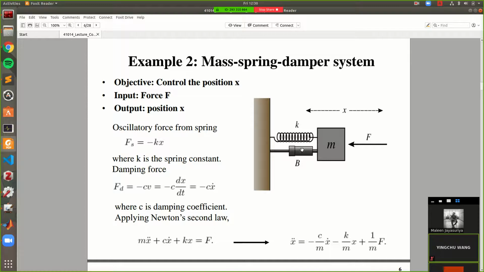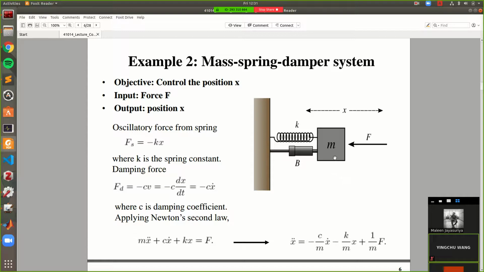You can think of the damping effect as something like friction. But imagine this is in a completely frictionless environment, and we are representing those damping forces by this damper. The spring stores energy, the damper dissipates energy.